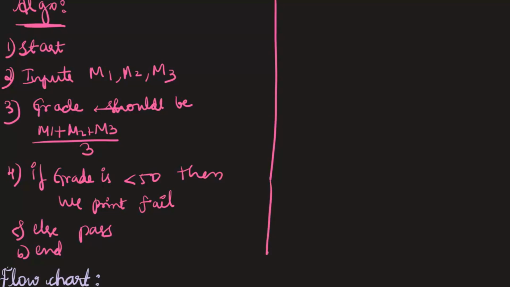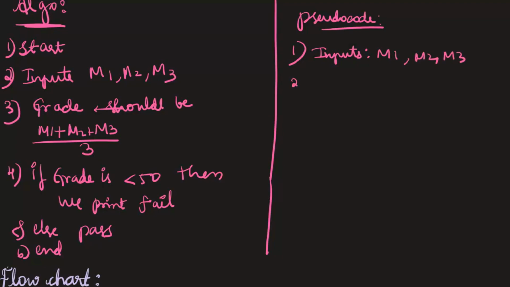Next comes the pseudocode. Pseudocode is the actual code, but it is not run anywhere in the computer. So now if we look at the pseudocode, we'll again have inputs, that is M1, M2, M3, and then we need to calculate the average.